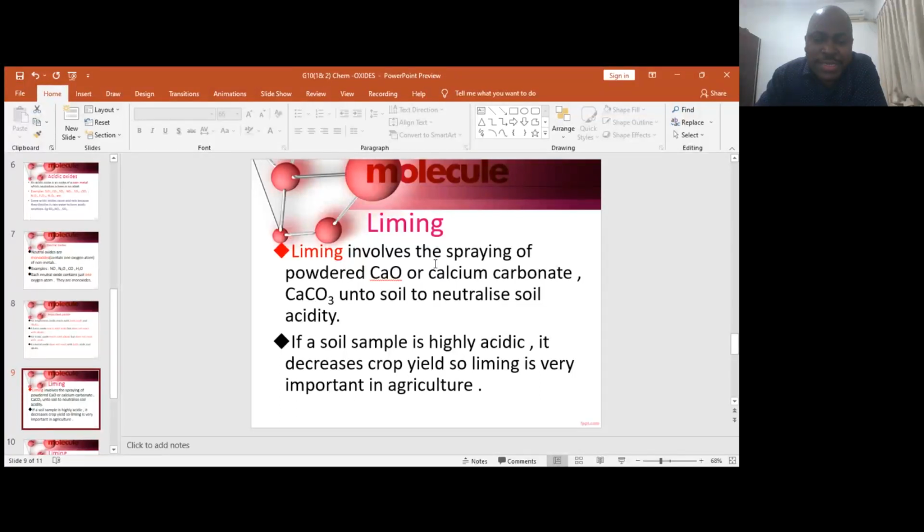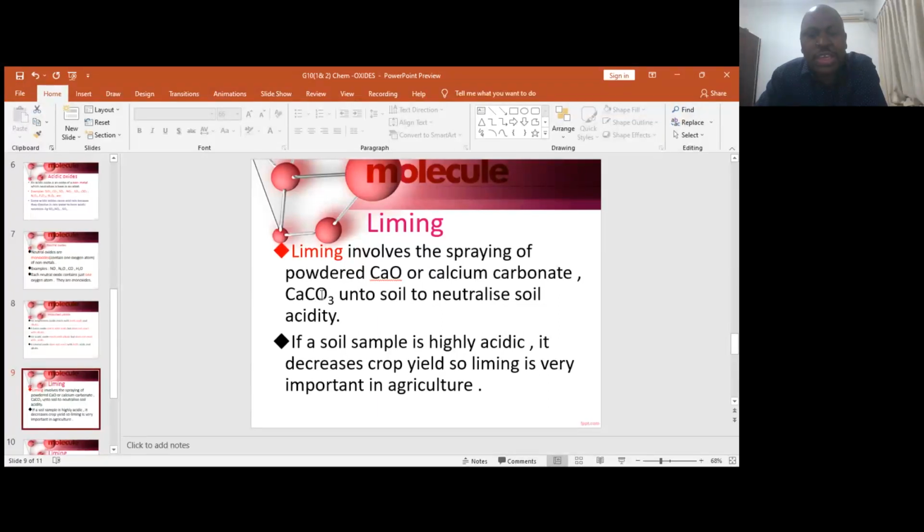But listen carefully. Powdered calcium carbonate is more effective. The reason is that even if you add excess of this, it is insoluble, which means it will not cause the soil to be basic or alkaline.